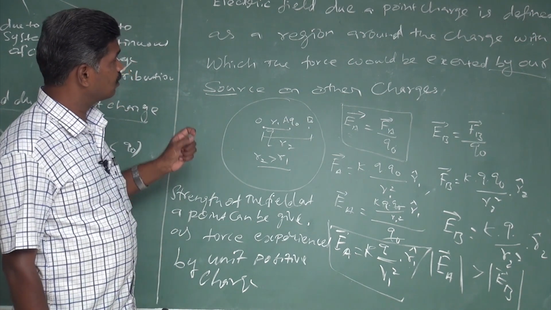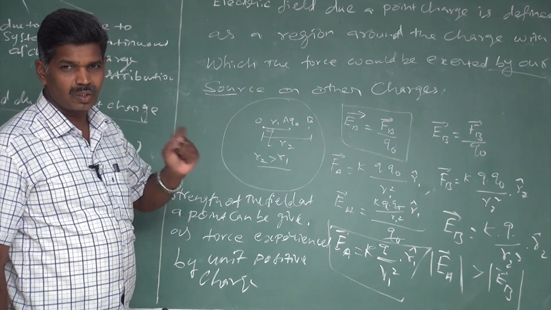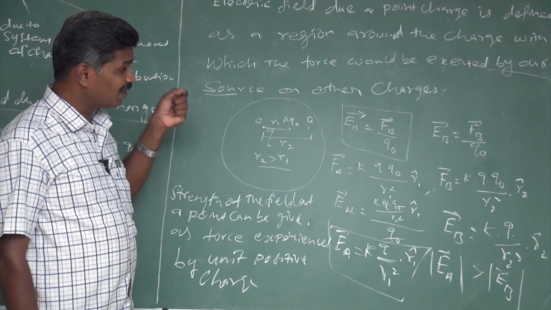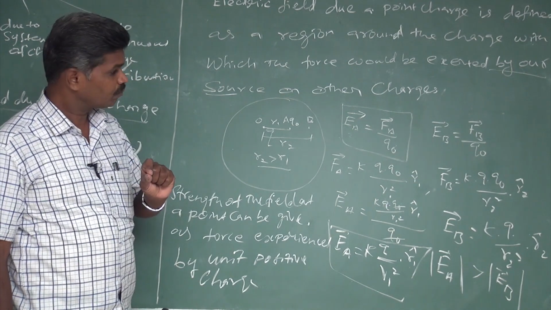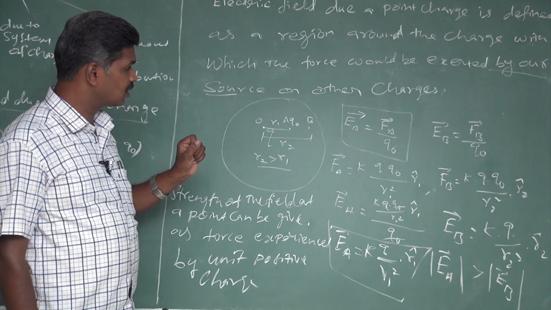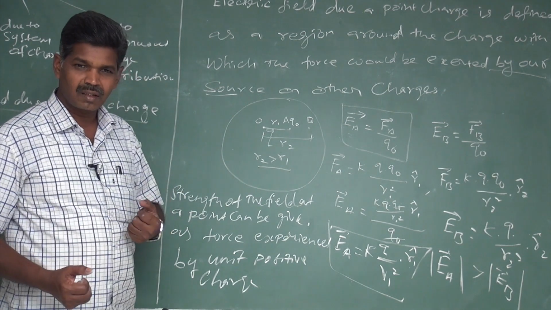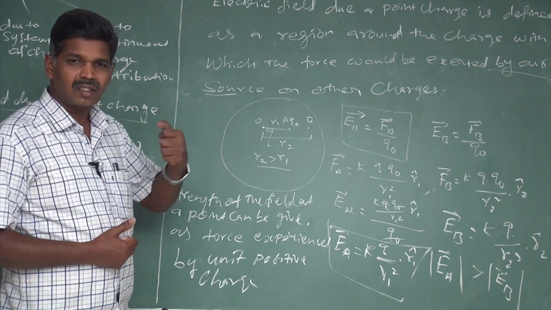That's all about the field due to a point charge. If our point charge is positive, the field acts away. If our point charge is negative, the field acts towards it. We say this based on the force acting on the test charge.